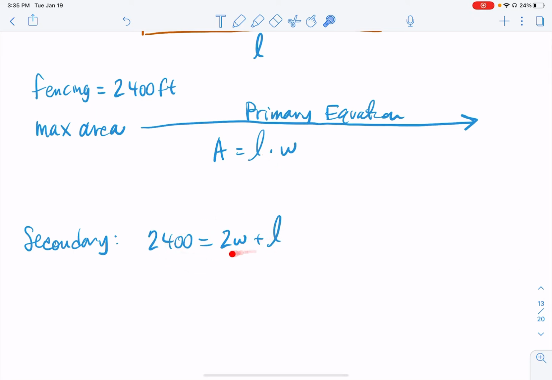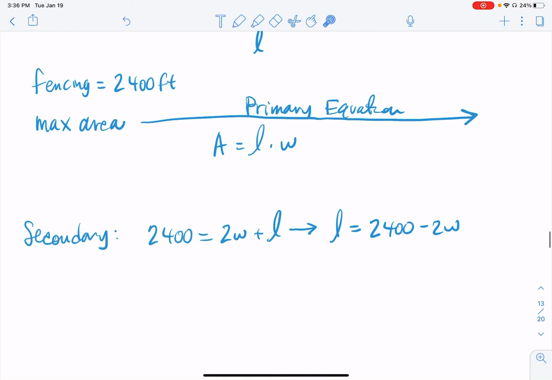Take a look. Which one of these is easier to solve for? Is it W? Is it L? Let's solve for L. L is equal to 2,400 minus 2W. And we will take that and kindly insert it into this equation here in order to get a primary equation with just a single independent variable.